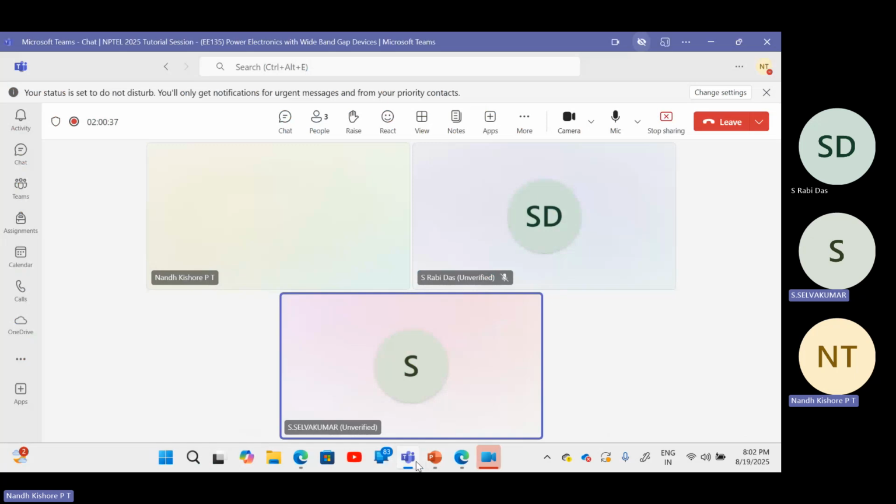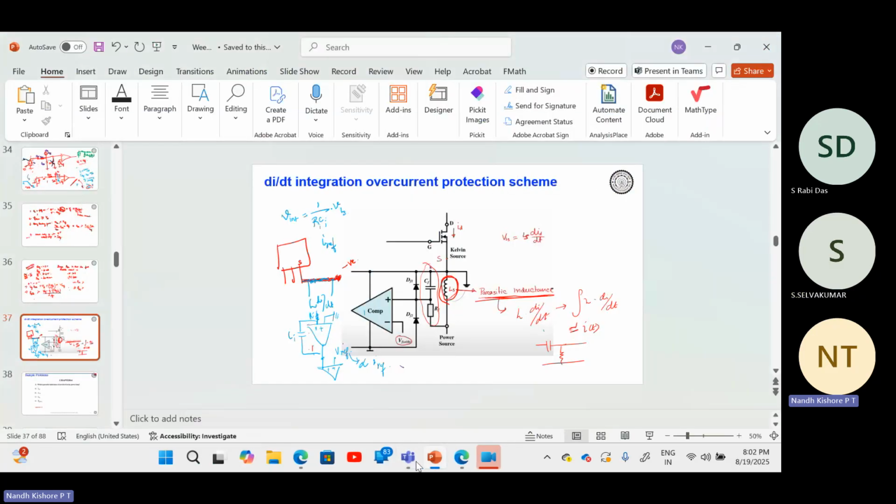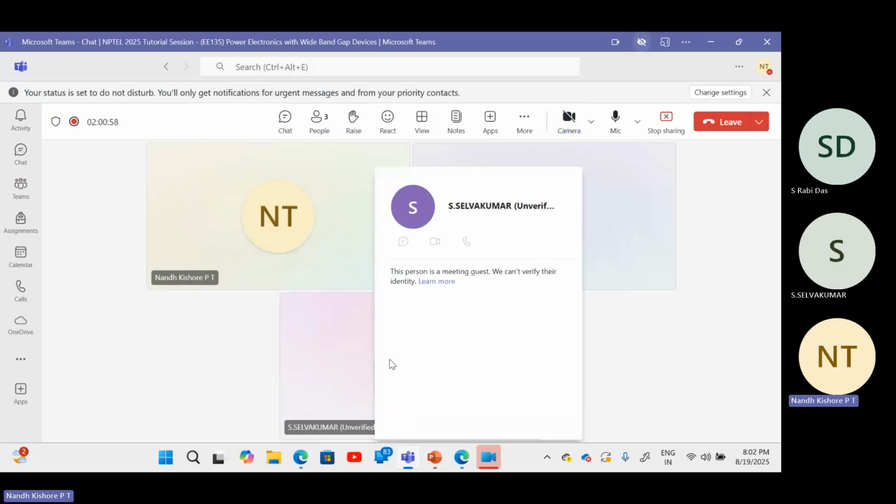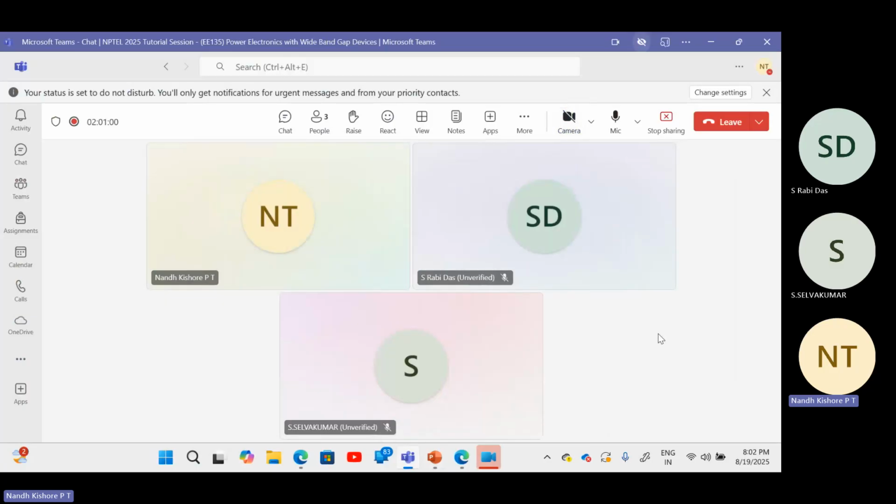So, Ravidas, is it fine so far? Yes. Okay, so I think we have covered enough about overcurrent protection across 2 complete sessions, so we will stop over here. I will upload again. You can go through the problems.